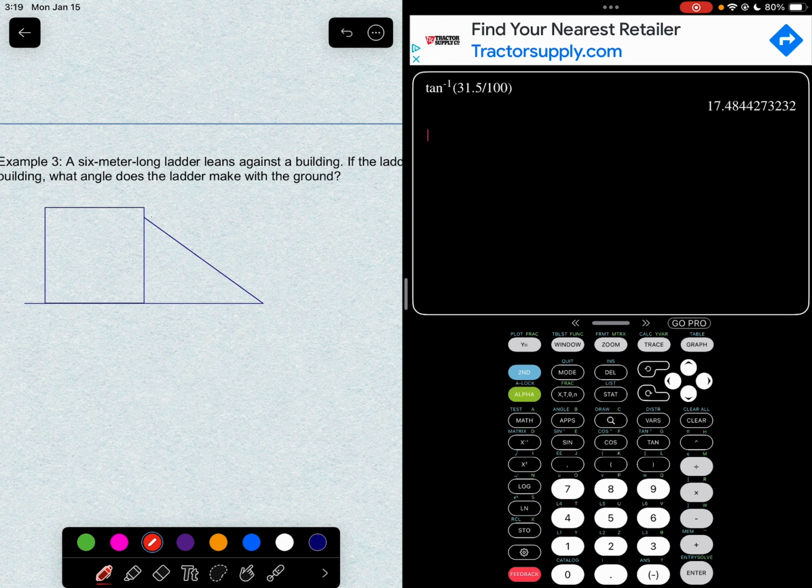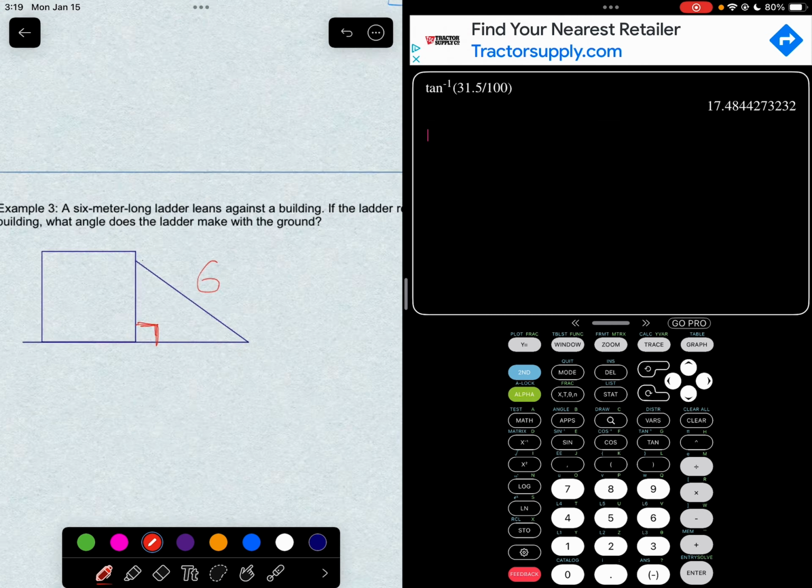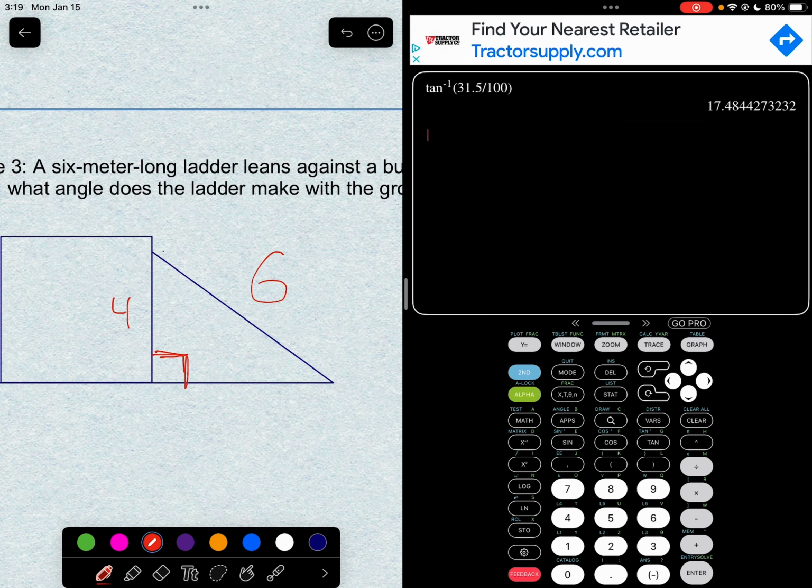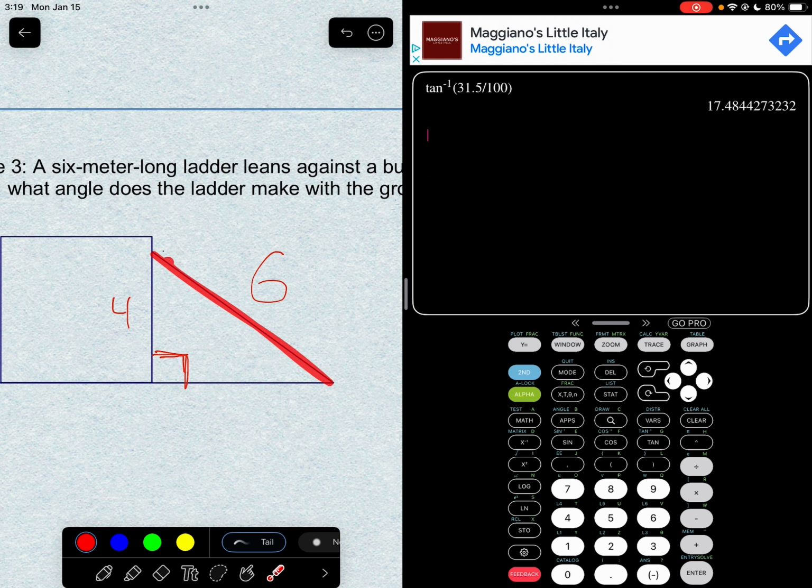The ladder is 6 meters long. The ladder reaches 4 meters up the building. What angle does the ladder make with the ground? So here we're looking at opposite and hypotenuse.